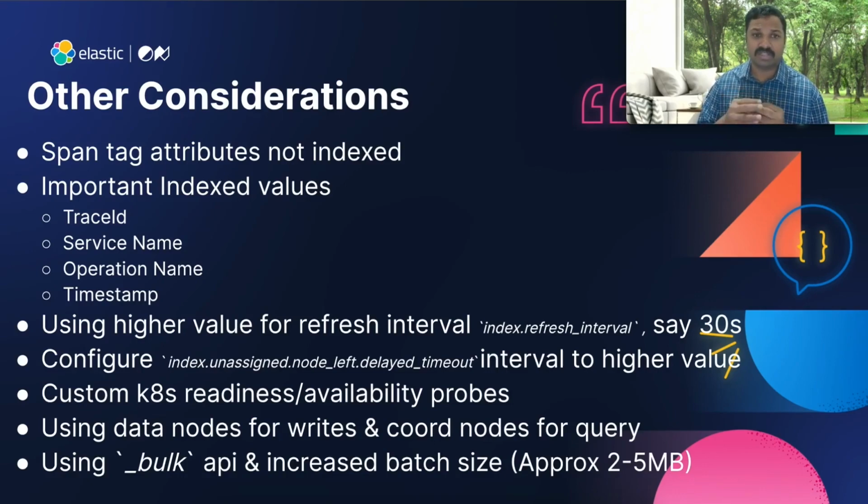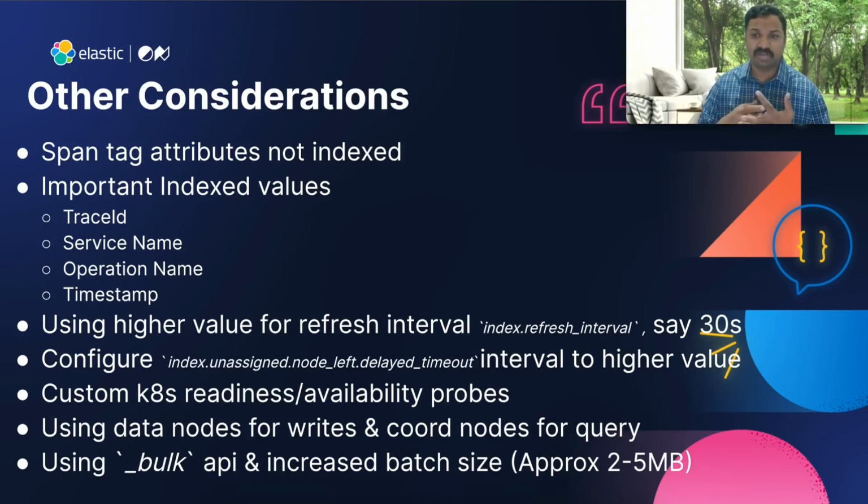So we don't index everything. We can always index standard tag attributes like your data center region, if they are very strict, based on some kind of strict schema. We also index some other important attributes on the trace data, like trace id, service name, operation names, and timestamp.